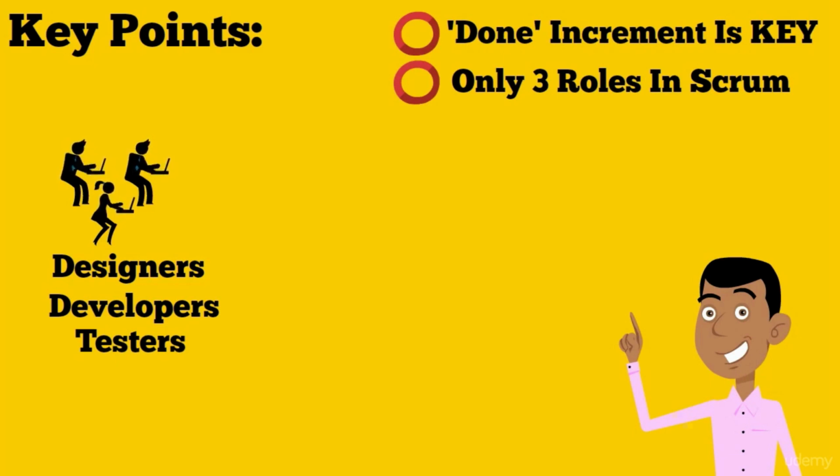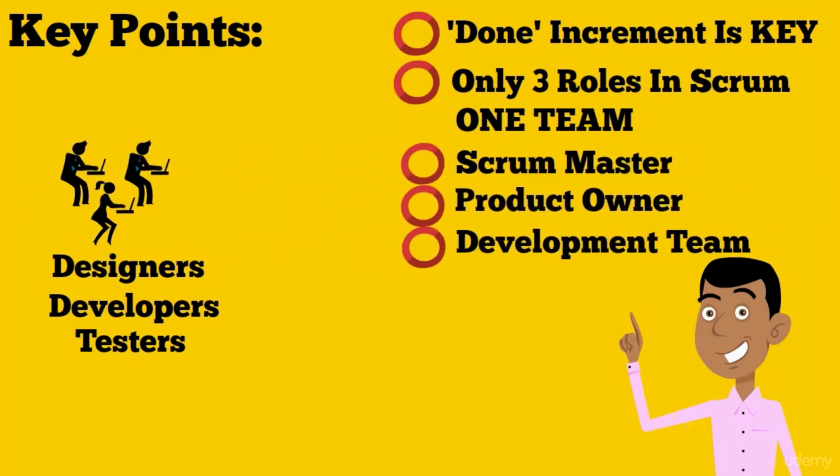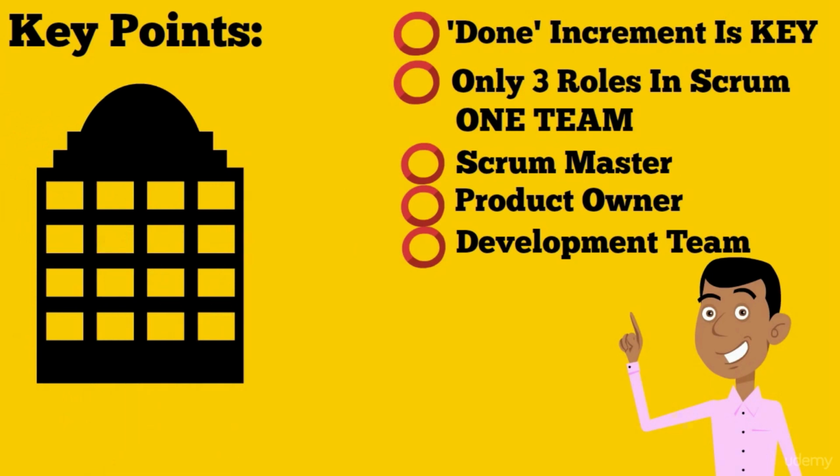I've highlighted this just to really drive home the fact that we're one team as a Scrum team. You know, as a Scrum Master, Product Owner and Development team, we are one team. And within the development team, everybody is one team. So the designers, the testers, the developers, etc. Whichever industry you're in, it doesn't have to be software.